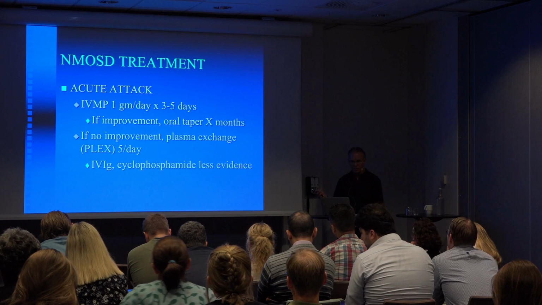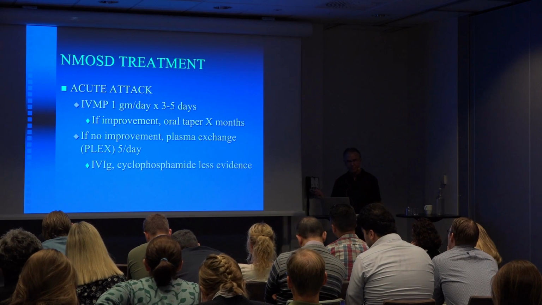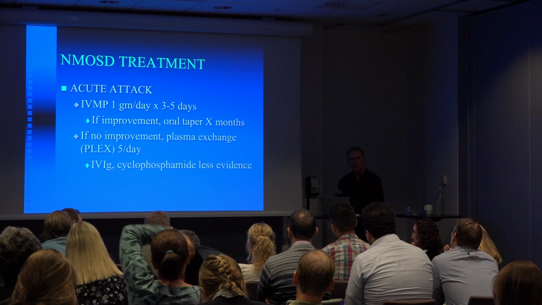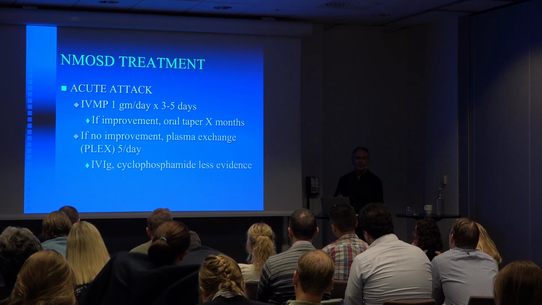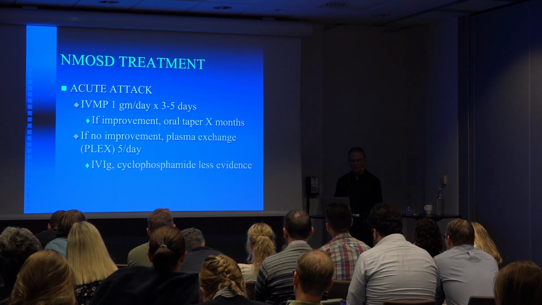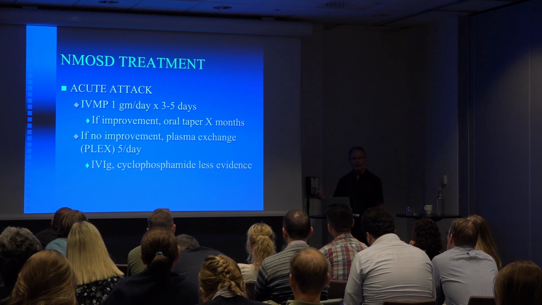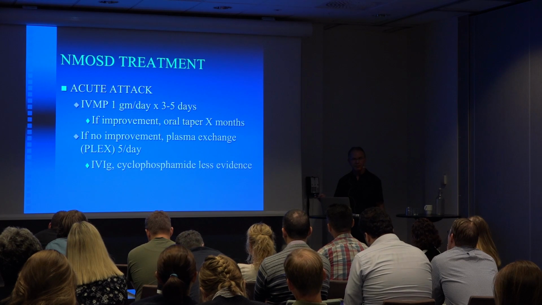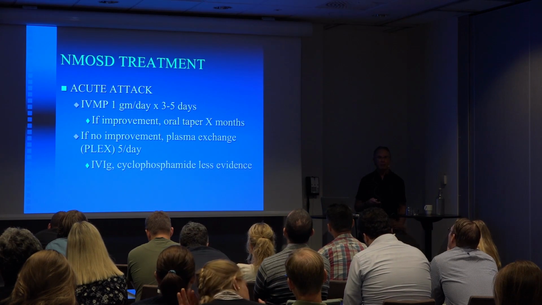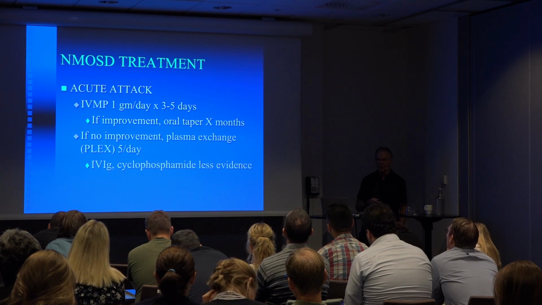The usual dose is what we start with, 1 gram a day for 3 to 5 days of intravenous methylprednisolone, and then we see what happens. If they don't respond within a few days, and this is variable depending on your institution, but 3 to 5 days typically, maybe earlier if it's severe, they get plasmapheresis and removal of the antibodies that are involved in this.